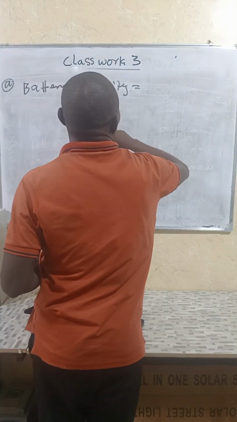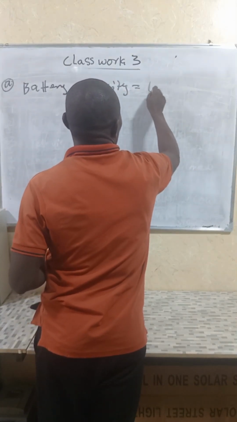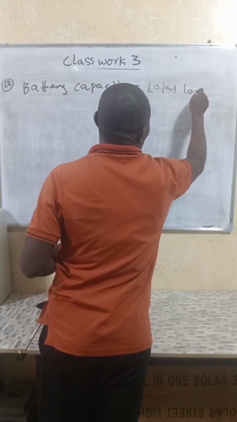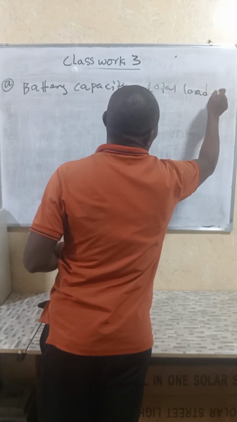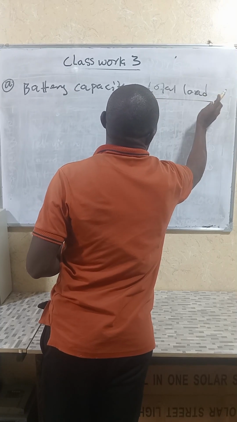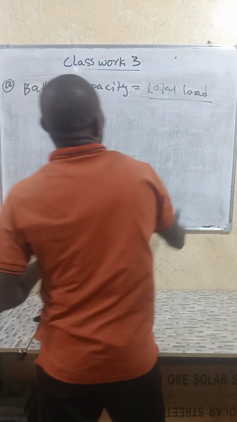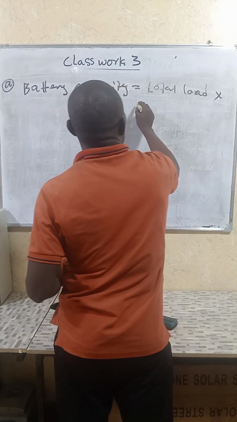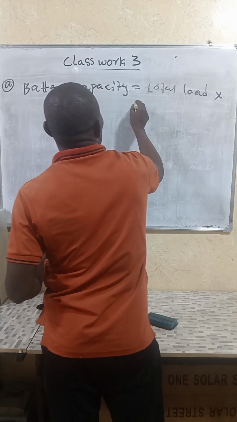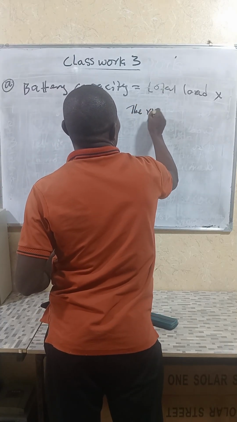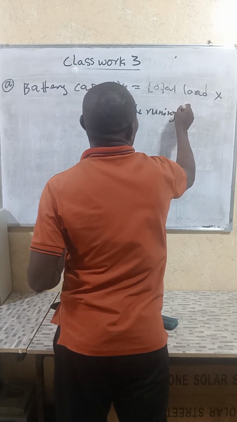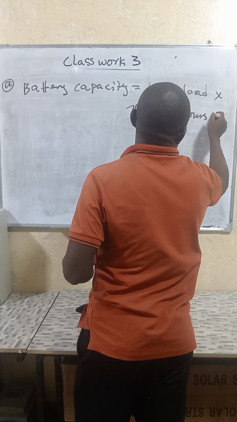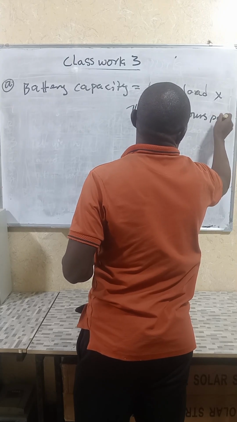Battery capacity is equal to total load times running hours per day.